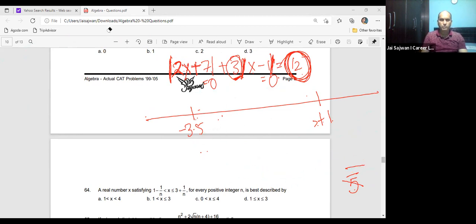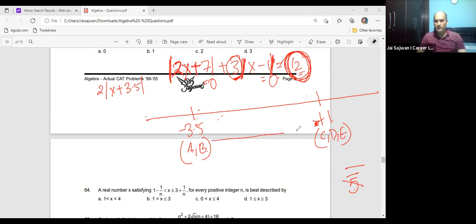That if you put it equal to 0, you get to know that there are two people, because twice of common is it is x plus 3.5. So I'll say there are two people A and B at minus 3.5. Take out 3. So at 1 it is C, D, E. 3 people are here. They plan to have a party after traveling 12 kilometers. So what happened is these two guys reach here. Minus 3.5. Here it is 0. Look here. This is 3.5 distance. This is one distance. So I'll say overall it is 4.5 kilometer distance.